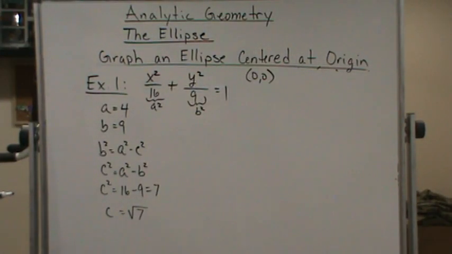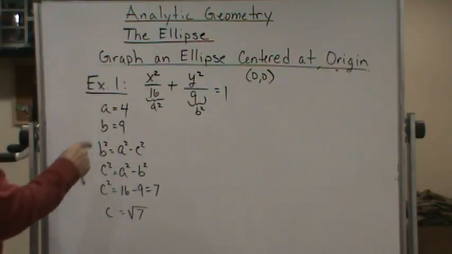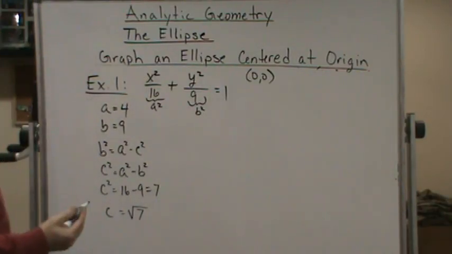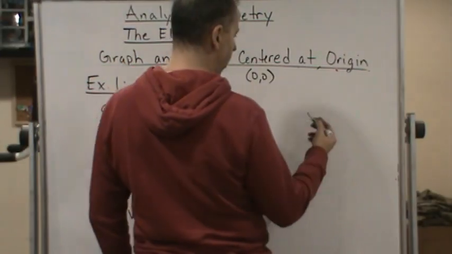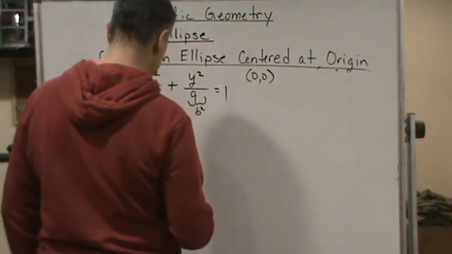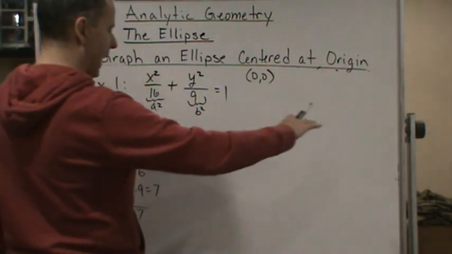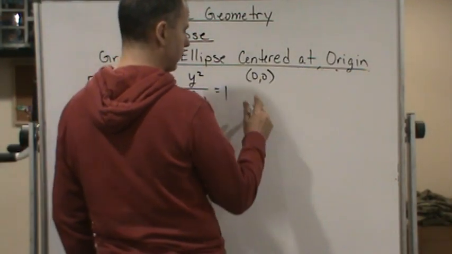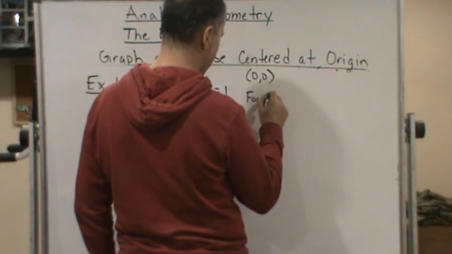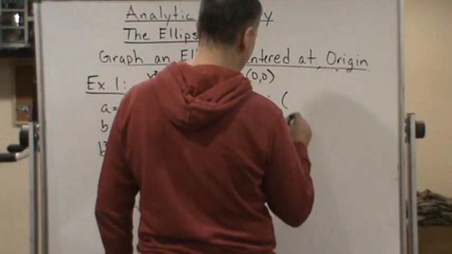Okay? What about the foci? Remember, this is along the x-axis. So again, think about before. We know that the foci are going to be located at the c, right? So it's along the x-axis, so y is always going to be 0. So the foci are going to be at what?